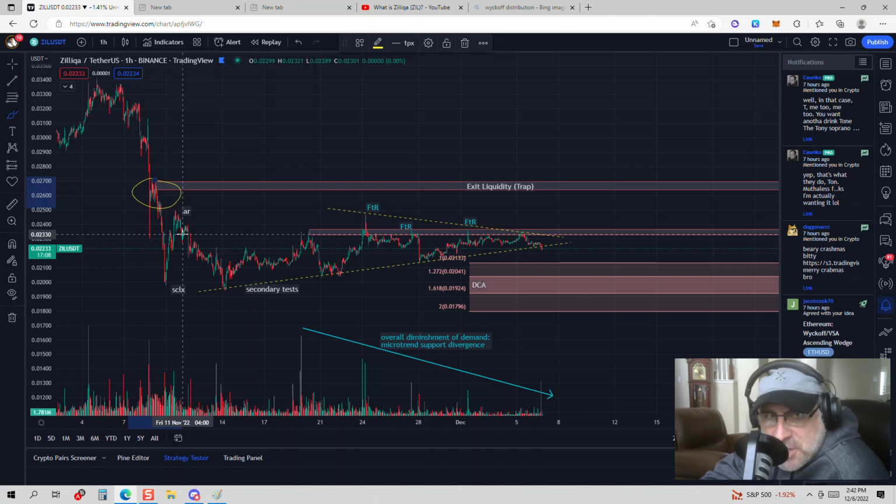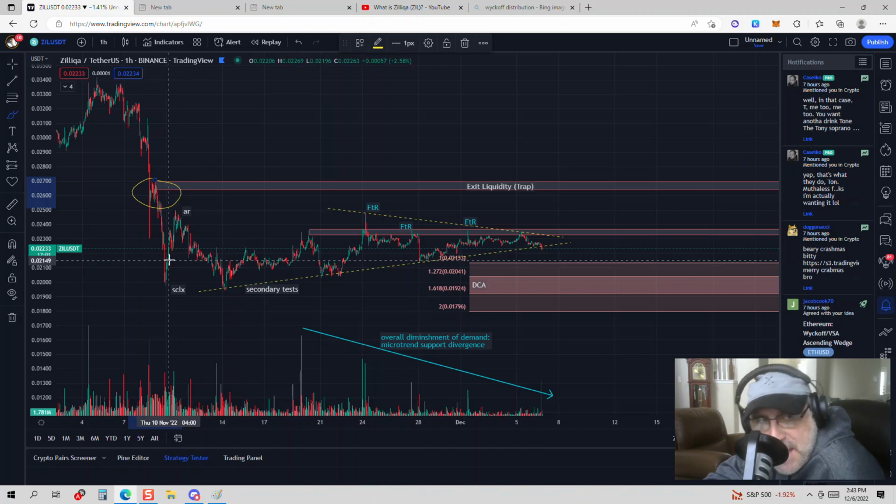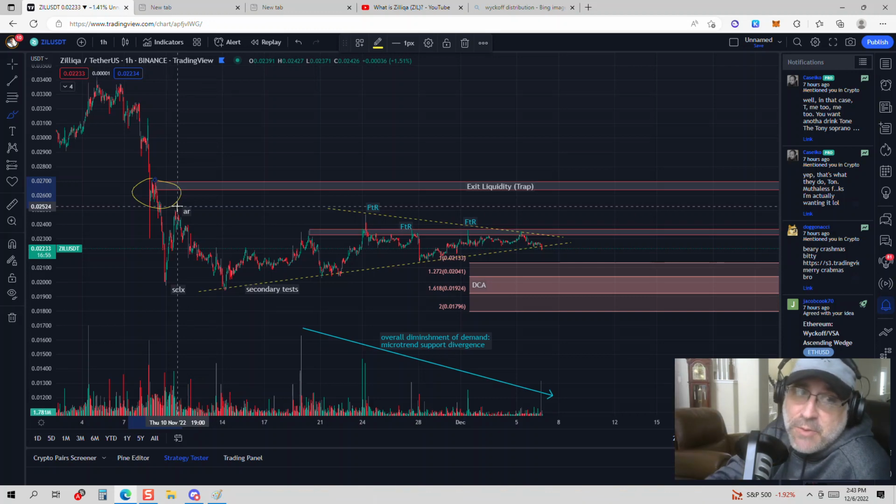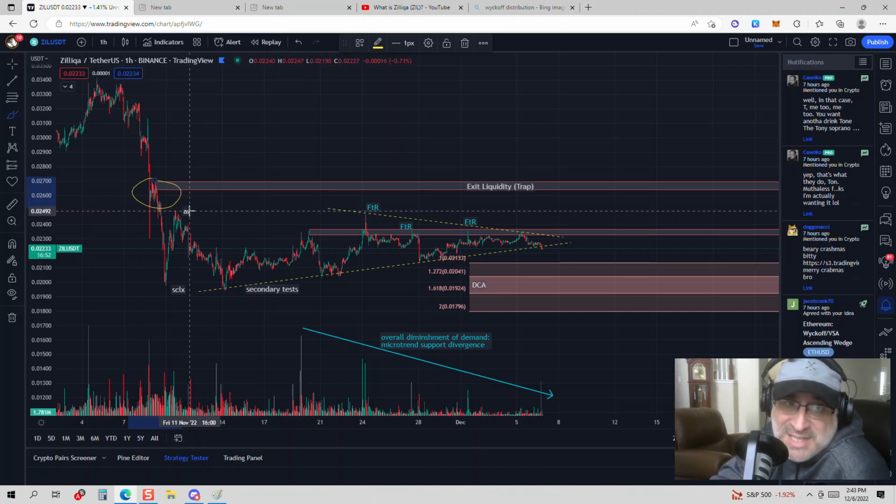I'm going to explain this in a second, so don't worry. Right now we'll focus on the price action. The price action came out, bounced, hit this low here, the selling climax, and came back up. The bounce, where that ends and more supply begins to come in, is known as the automatic rally, which we abbreviate as AR.